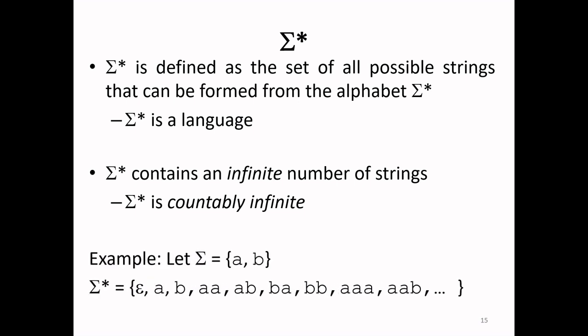For example, let us consider the same alphabet AB. Then the possible strings in summation star are epsilon, A, B, AA, AB, BA, BB, AAB, AAA and so on. Hence, this language is countably infinite.